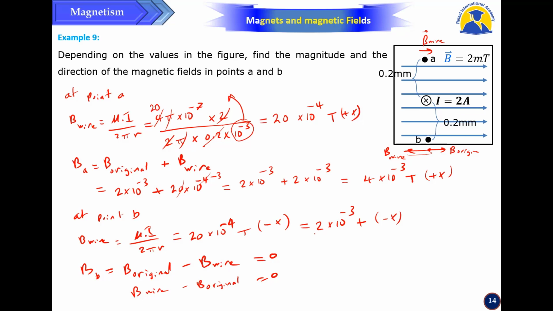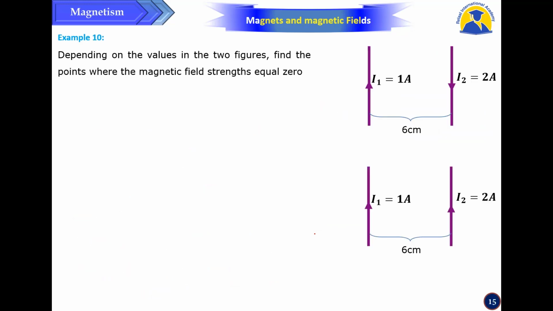So the net magnetic field, or the resultant magnetic field, will be 0. So at point B, there will be no magnetic field. The magnetic field strength will be 0.